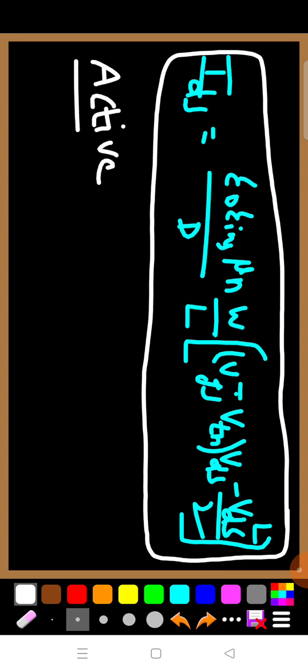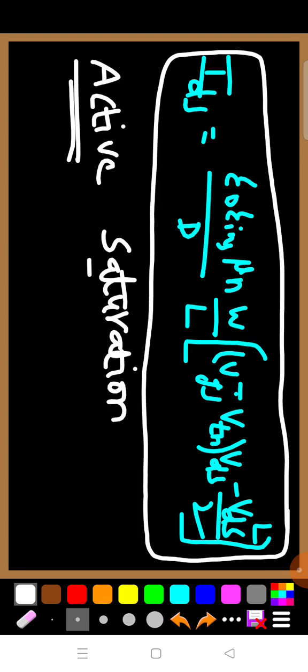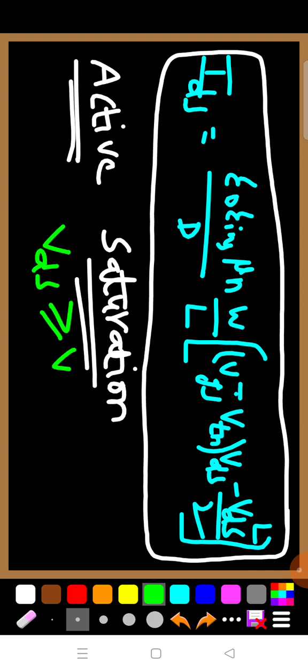Now coming back to the saturation region, we know very well what the condition of the saturation region is. The drain source voltage must be greater than or equal to the effective gate voltage. What is the effective gate voltage? VGS minus VTN is the effective gate voltage.